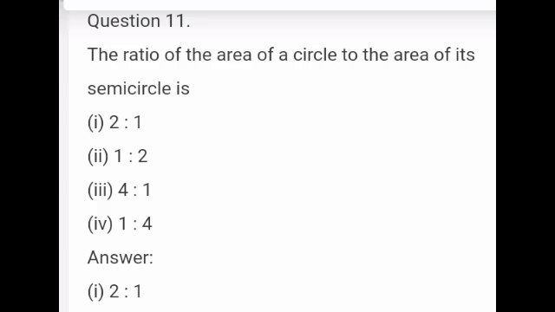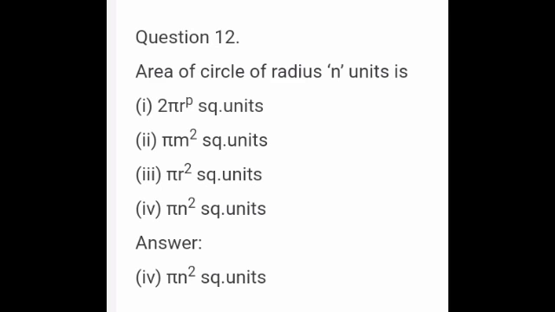We know semicircle is half of the circle. So, the correct option for this question 2:1. That means area of circle is 2 means area of semicircle is half of that 1. Okay, 2:1.